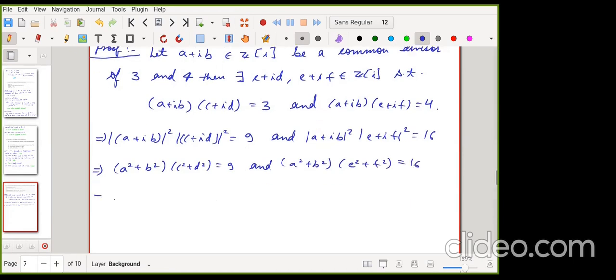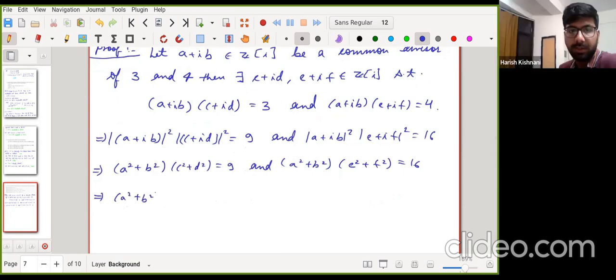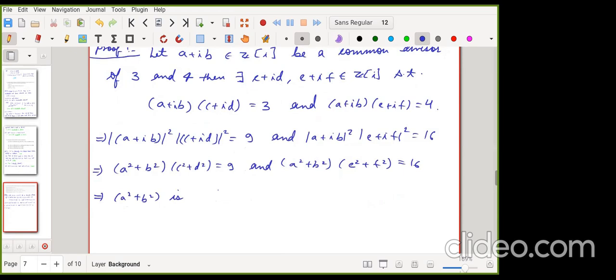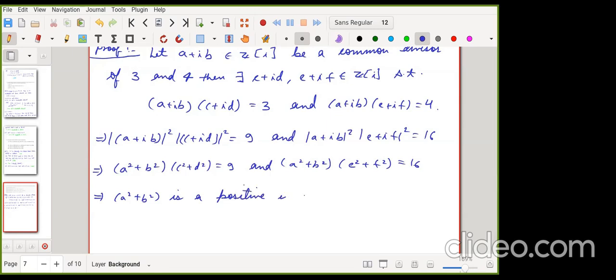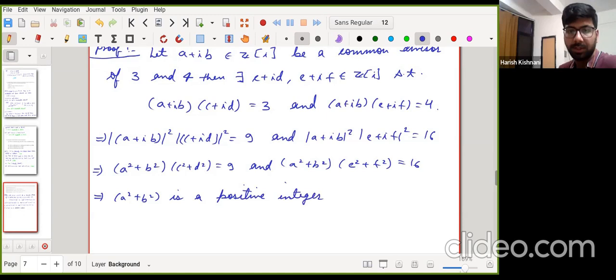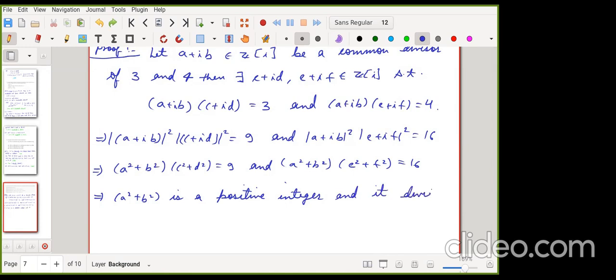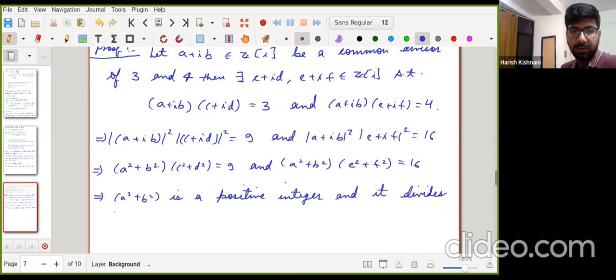And this implies, first of all, a square plus b square is a positive integer because a and b are integers. It cannot be 0 as well, and it divides both 9 and 16.